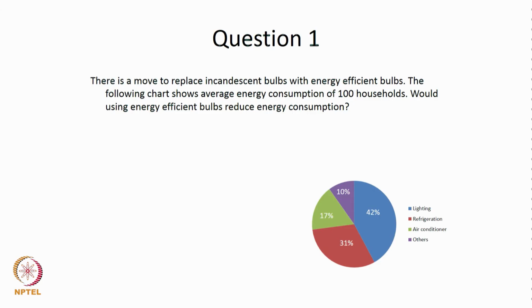Therefore, the decision to replace incandescent bulbs with energy efficient bulbs is going to affect 42% of the consumption, which by itself is a large percentage. Therefore, for this question we say that since lighting occupies a significantly large percentage of energy consumption, replacing incandescent bulbs with energy efficient bulbs would have a good effect on the reduction in energy consumption.